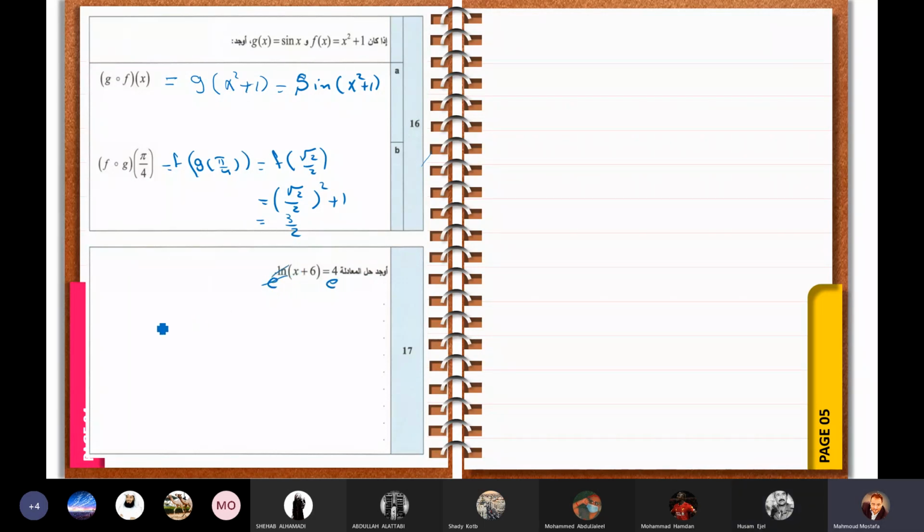So x plus 6 equals e power 4. So x is e power 4 minus 6.